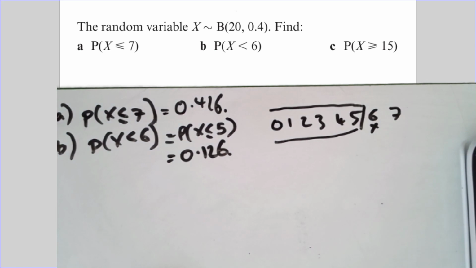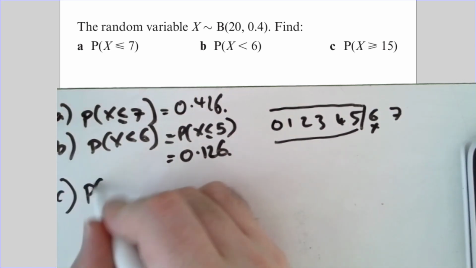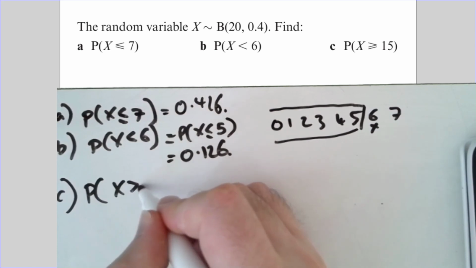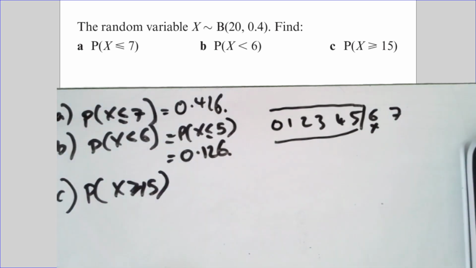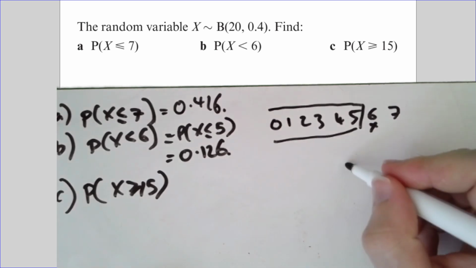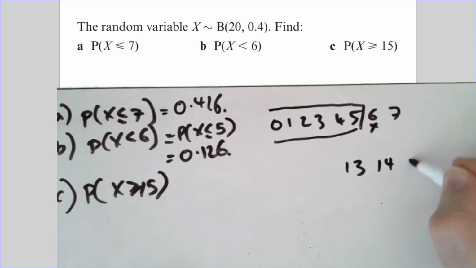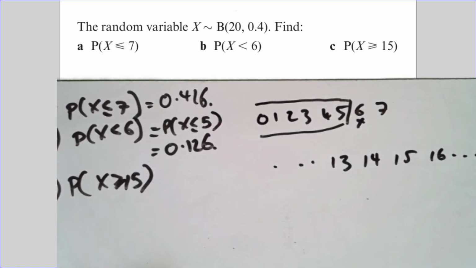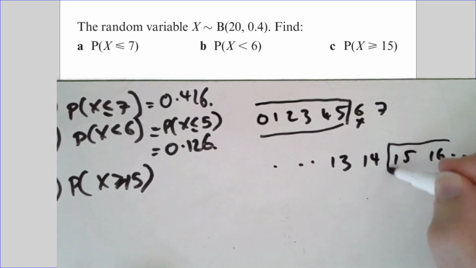For the last one, for part C, we're doing probability x is greater than or equal to 15. I always find with these it's easiest to draw it, so I have 13, 14, 15, 16 and some dots either side. Here are some of my options, and I want greater than or equal to 15, so I want these ones here.